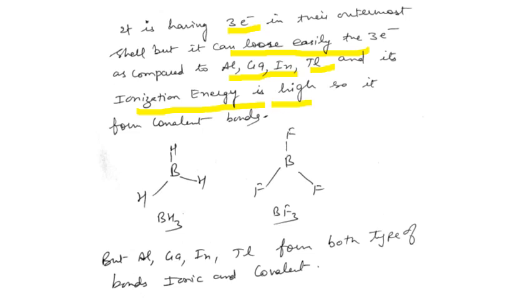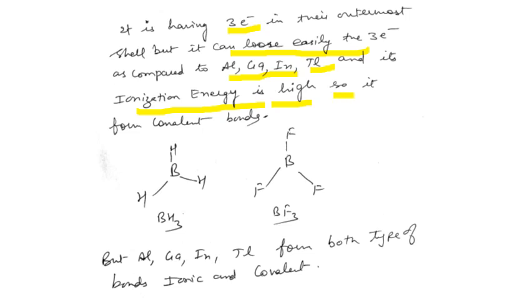As you know, as we move down the group from top to bottom, ionization energy goes on decreasing. So boron has high ionization energy as compared to aluminium, gallium, indium and thallium. That's why it is not easy for boron to lose the 3 electrons.